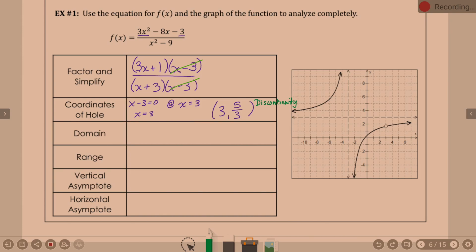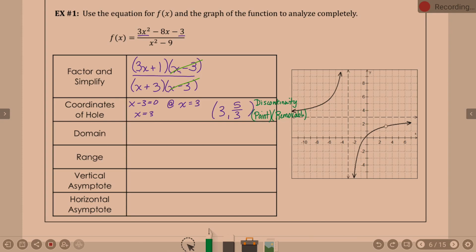When we talk about what type of discontinuity, it could be referred to as a point discontinuity, which is new in calculus, or do you remember removable and non-removable? This is a removable discontinuity because you can remove that point and fill that hole back in. So, a little bit of review there.